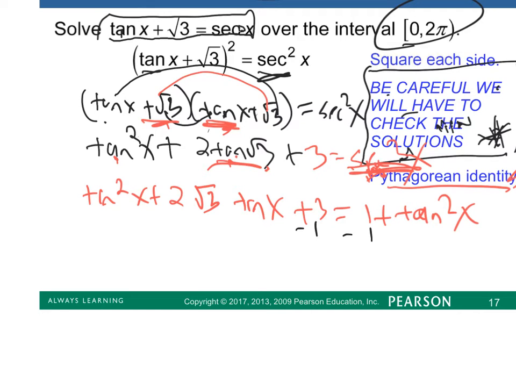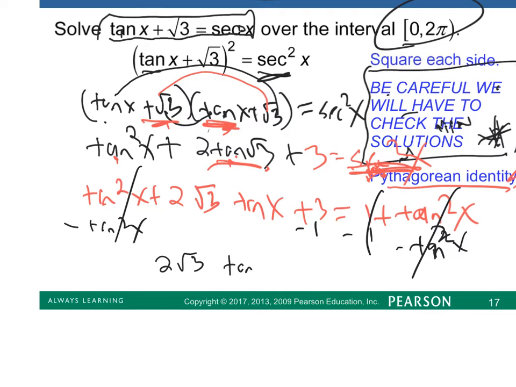If I subtract a tangent squared x over here, that cancels, that cancels, that cancels. I'm left with 2 square roots of 3 tangent of x plus 2 equals 0.